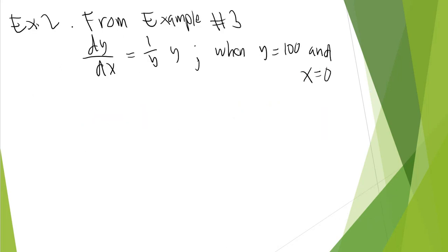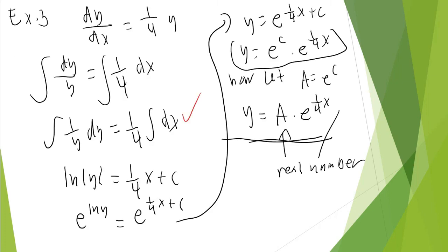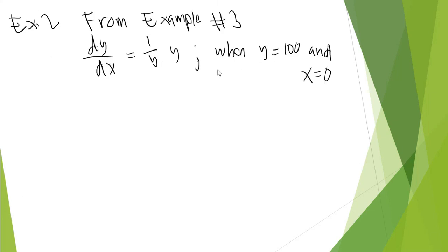Okay, for our last example, taken from example number 3 here, class. In example number 3, the final answer we got is y = a times e^(1/4 x). The additional given is y = 100 when x = 0. So the solution went through three steps, right, class?